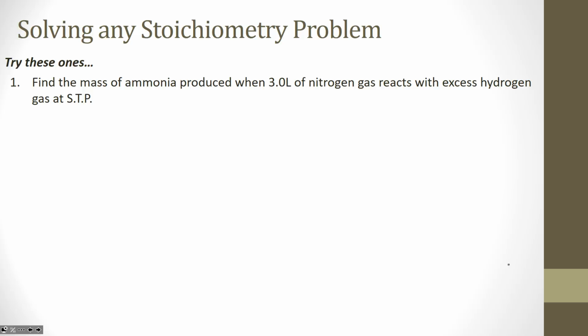So we have nitrogen gas and hydrogen gas making ammonia. And it actually looks like we just did this exact question in the notes, except for the difference is we're being asked to find grams this time. NH3. So we need 2, 3.